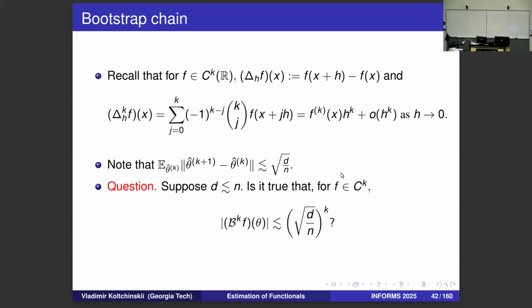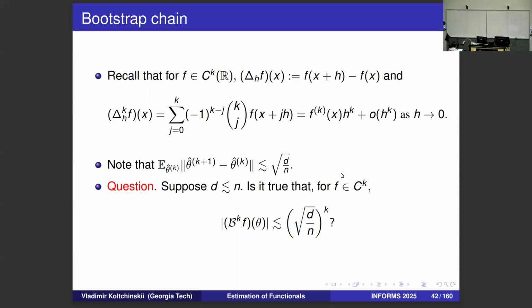Is it true that for d less than n and for f in C^k, B^k f(theta) will be of the order square root of d over n to the power k? B^k f of theta is the expectation of the k-th order difference along the bootstrap chain, right?